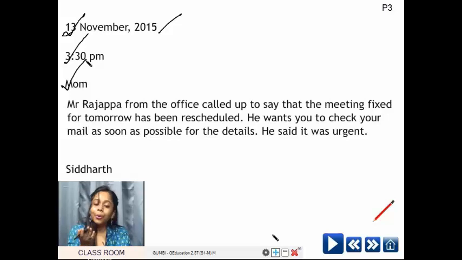So here, for whom is Siddharth writing the message? He's writing the message to his mother. So right, he calls his mother mom. So first the date, then the time, and then the name of the person to whom the message is being written. The address means the addressed person.